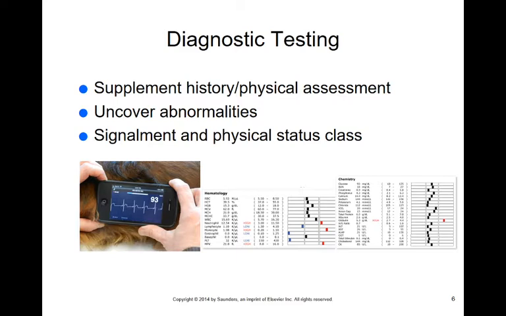Doing an EKG, I've got a picture here of an app that you can have for your iPhone that can take an EKG. It's not the best EKG, but it's a quick EKG that you get just by placing it on the animal's chest. So we want to try to uncover abnormalities and make sure we know their signalment and their physical status class so that we can support them as best as we can during anesthesia.